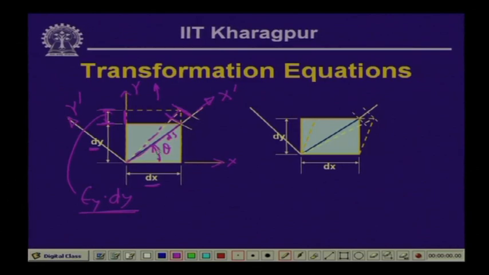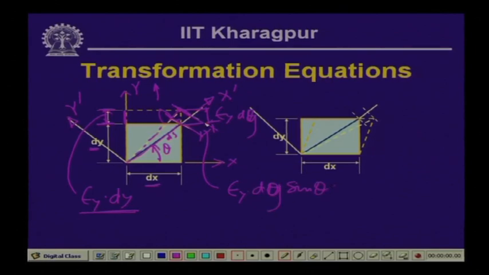Now, this angle is theta, thereby this particular angle also is theta.